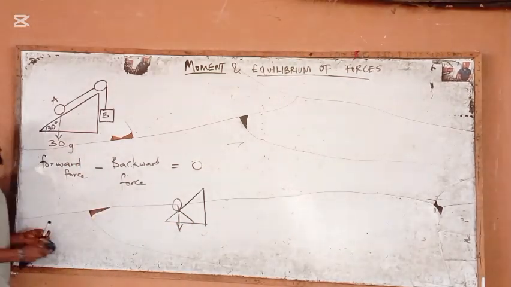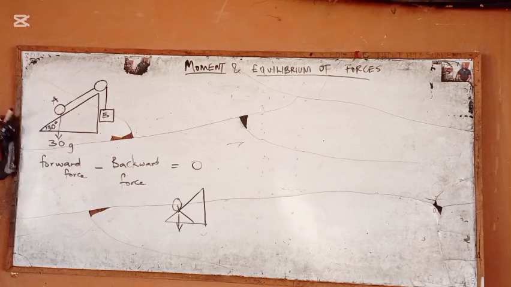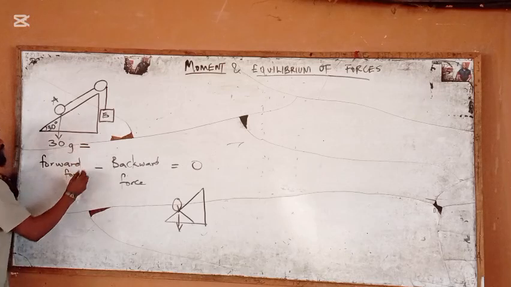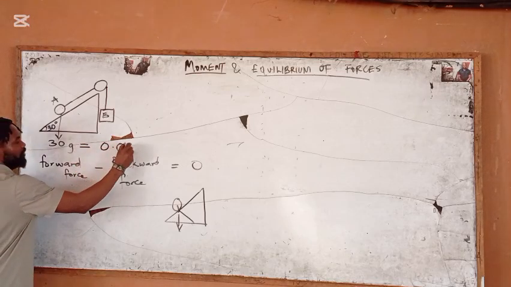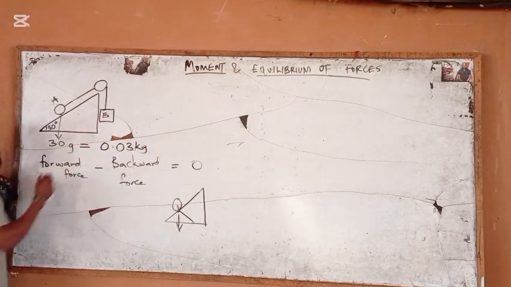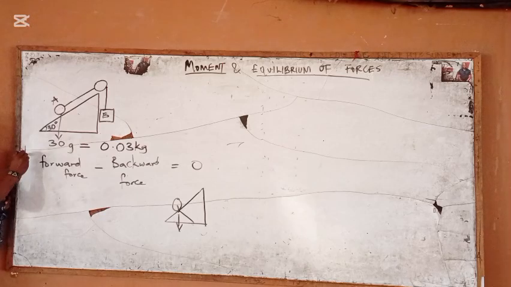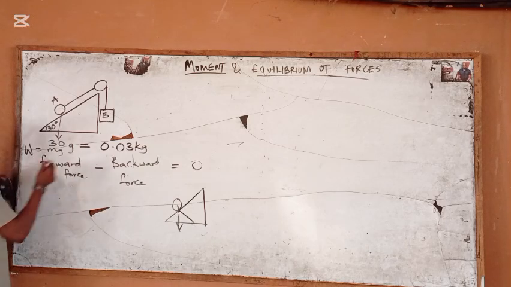So please, first of all, gram to kilogram is what? Divided by 1,000, right? So which means that 30 gram is the same as what in kilogram? 0.03 kilogram, right? That means that the weight now will be equal to mg, which is 0.03 times 10, Shebi?